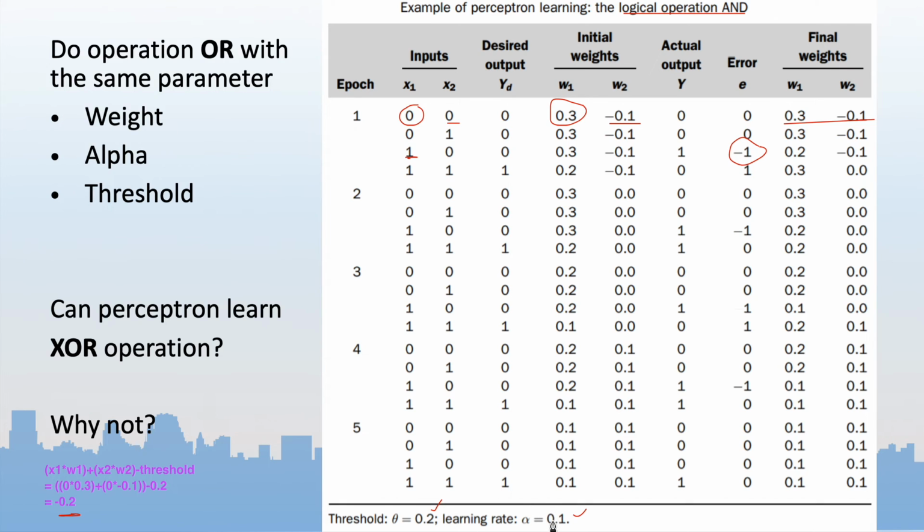So 0.1 times 1 times negative 1, you will get negative 0.1.